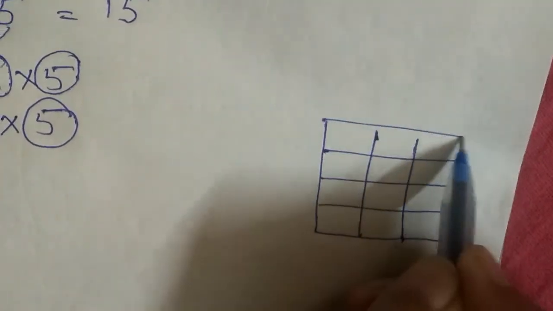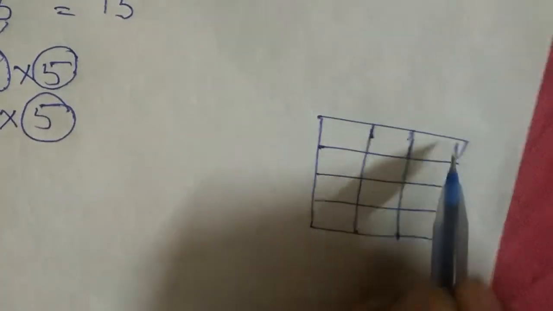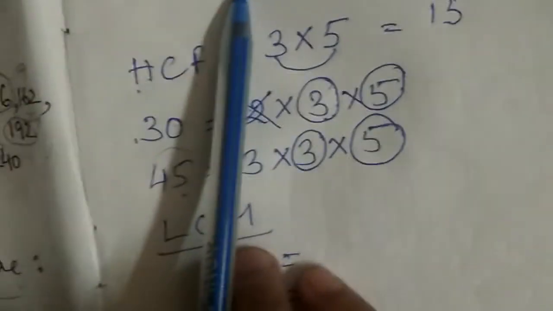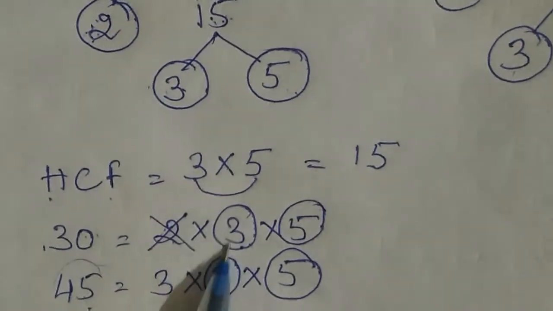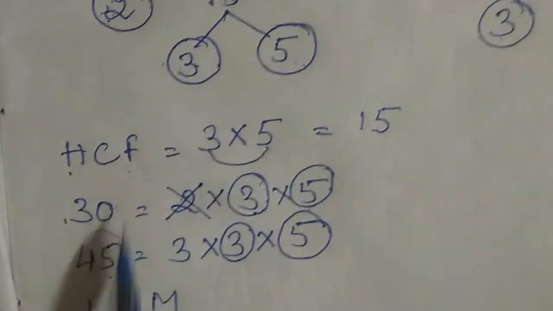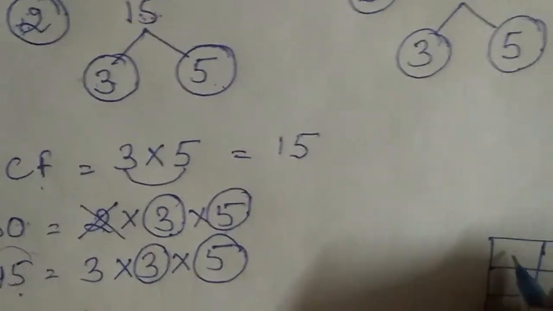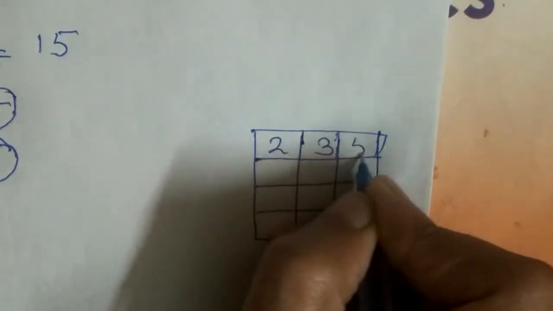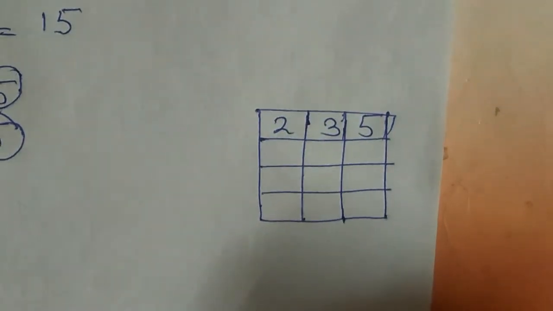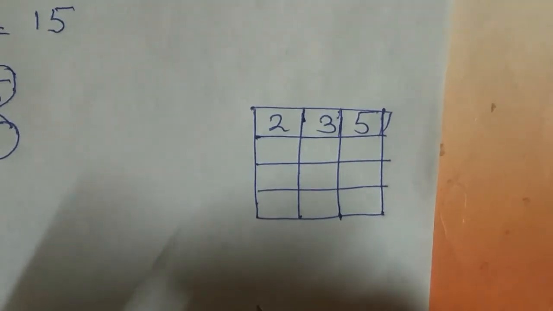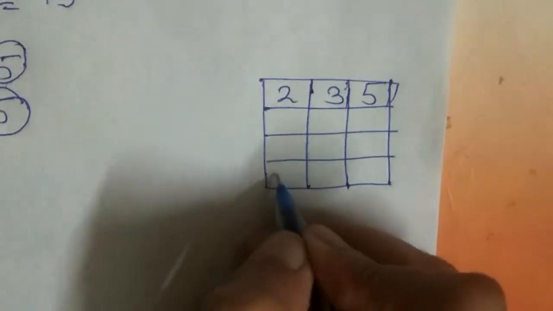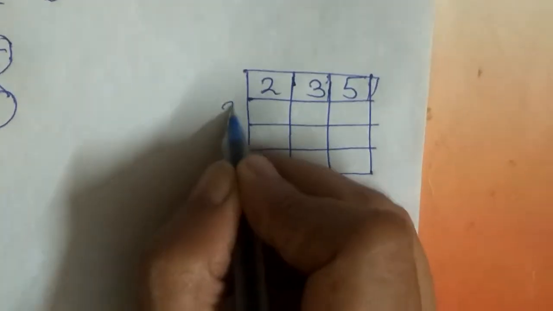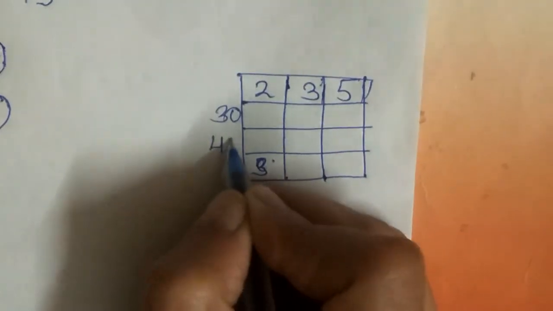I am writing the numbers 2, 3 and 5 over here. After this, I am writing the numbers 30 and 45.